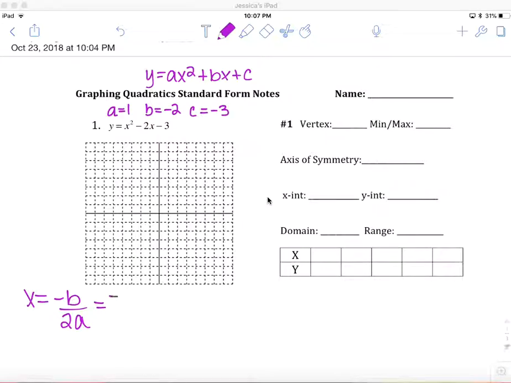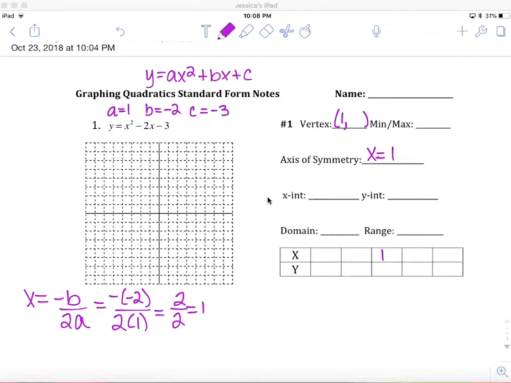The opposite of negative 2 is going to be positive 2, and then I'm going to plug in 1 for a. This means I have positive 2 over 2, so my axis of symmetry is at x equals 1. This is where you're going to center your table. It's also the x value from your vertex.